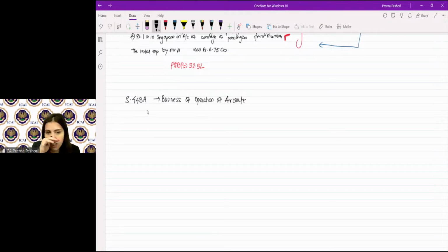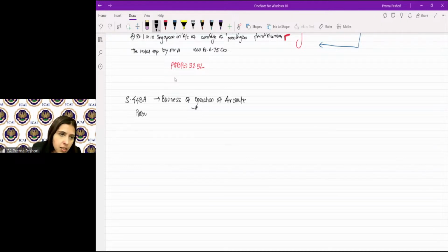So 44BA provides the presumptive rate in case of the non-resident engaged in the business of operation of aircraft. What is the presumptive rate?